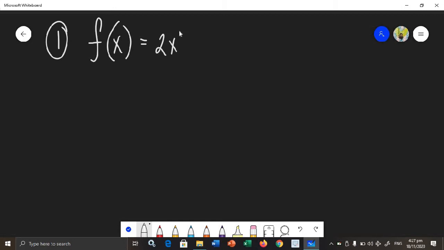So 2x cubed plus 5x squared, and then minus 14x minus 8. First of all, you should make sure that the polynomial given is in descending order, so the 4th degree should come first if there is one, then 3rd degree, 2nd degree, 1st degree, and then your constant term. It should be in descending order.